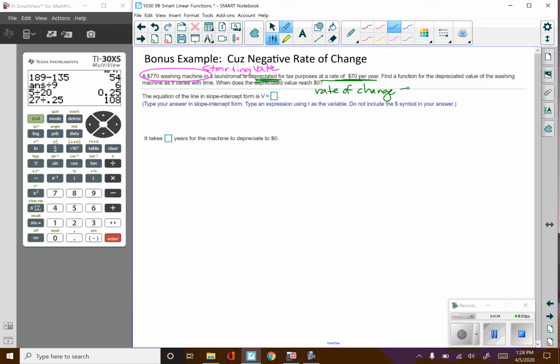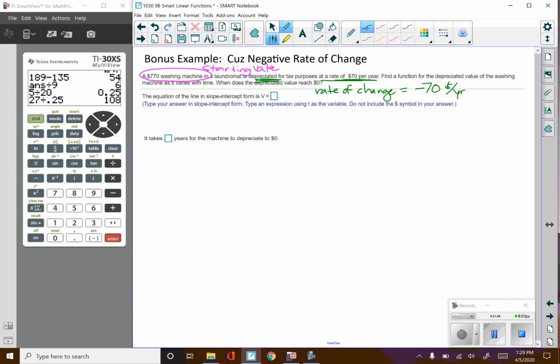So the rate of change is negative $70 per year. All right, so we want to find a function for the depreciated value of the washing machine as it varies with time. And then our follow-up question is, when does the depreciated value reach 0?